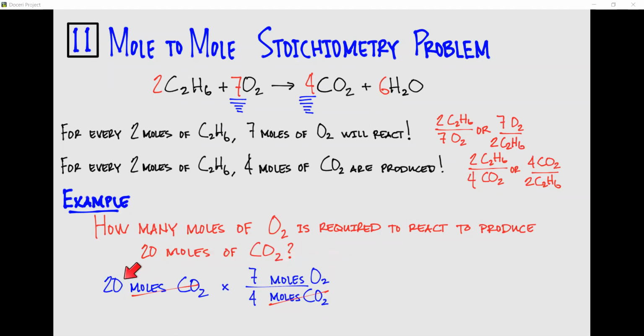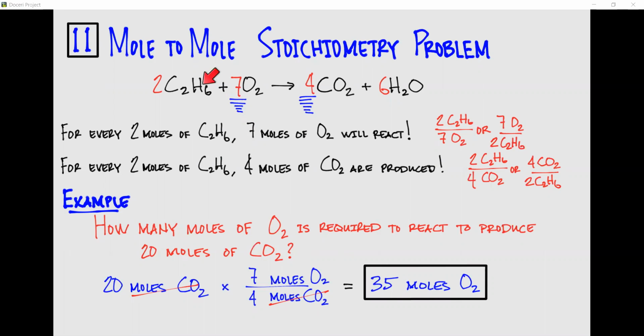So now multiply the numbers up top, 20 times 7 divided by 4, and you get 35 moles of oxygen gas. So that means that if you have 20 moles of carbon dioxide generated, 35 moles of oxygen gas must have reacted completely with C2H6.